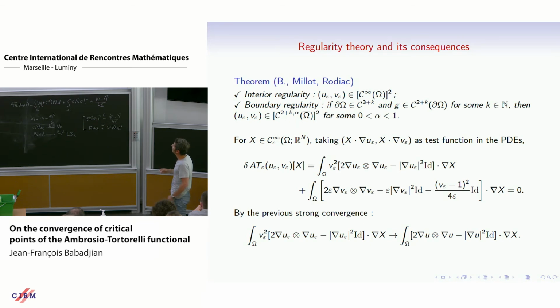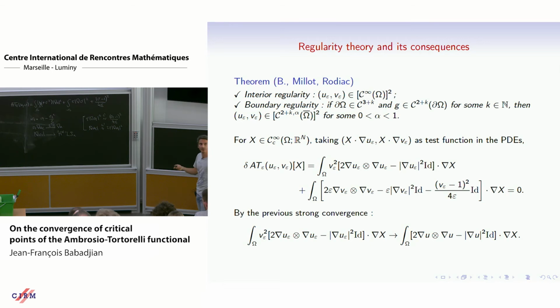And this regularity theorem allows us to take a particular test function in the system of PDEs satisfied by U epsilon and V epsilon. So you fix a vector field capital X, compactly supported in omega, and you take these two test functions in the PDEs. Now that U epsilon and V epsilon are smooth, these are C infinity functions compactly supported in omega.